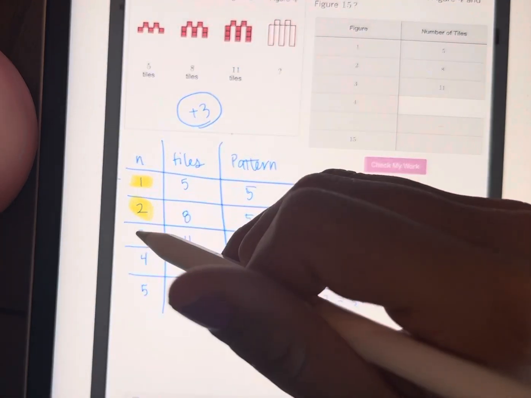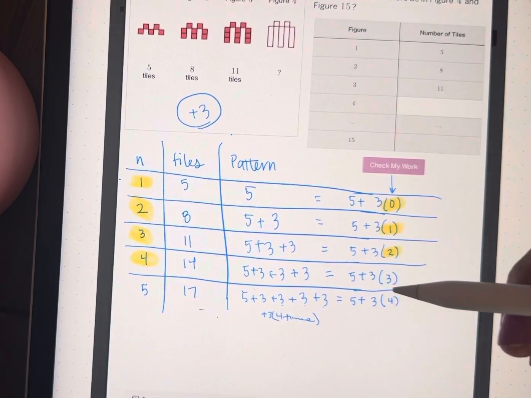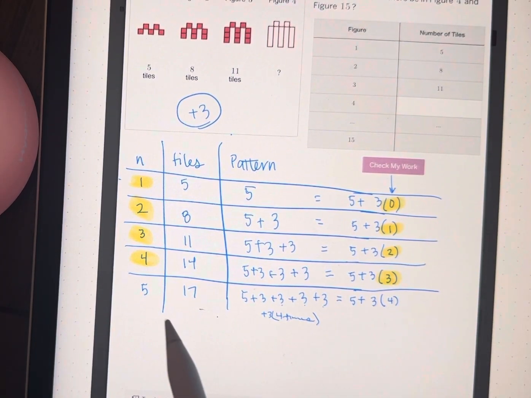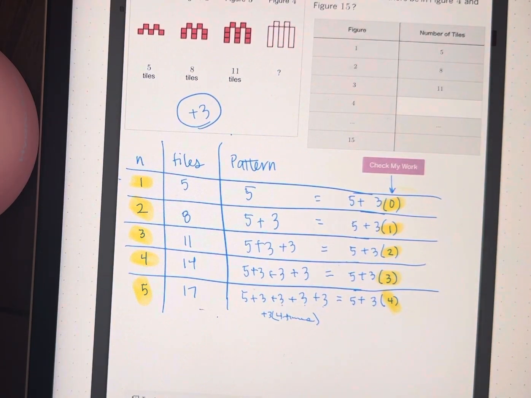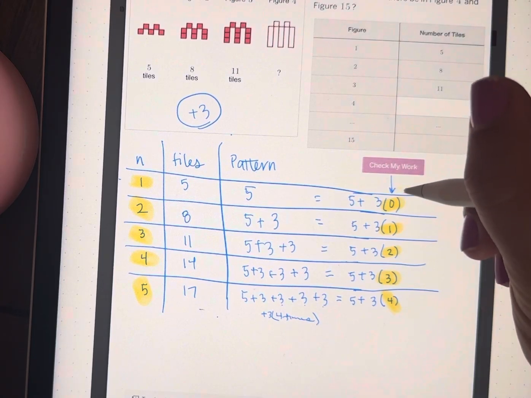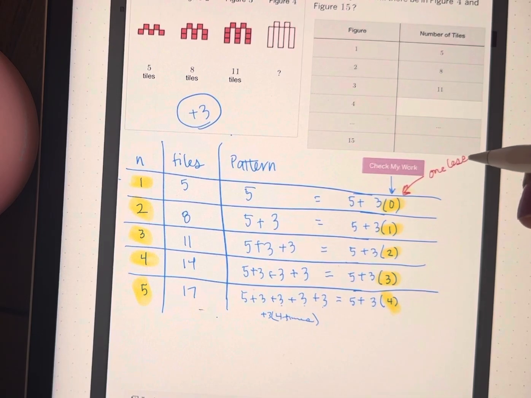When this is 2, n is 3. When n, let's go backwards. When n is 4, this is 3. When n is 5, this is 4. Every time this is 1 less than n. It's always 1 less than n, okay?